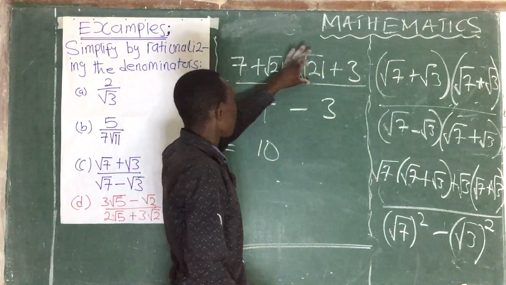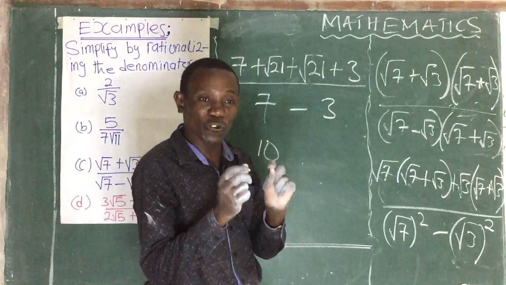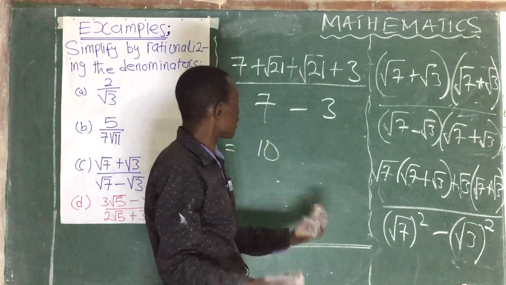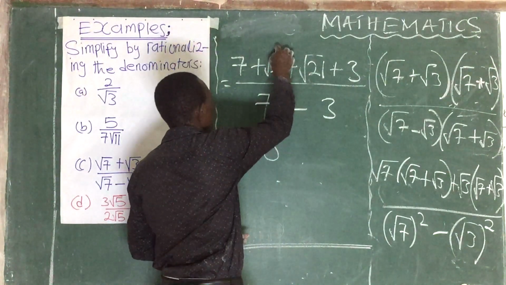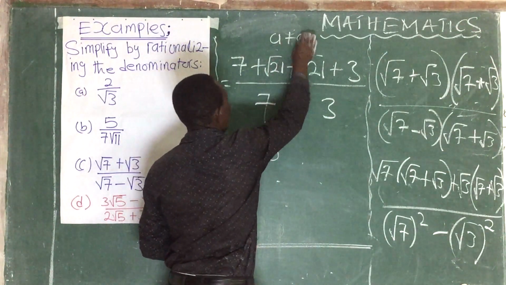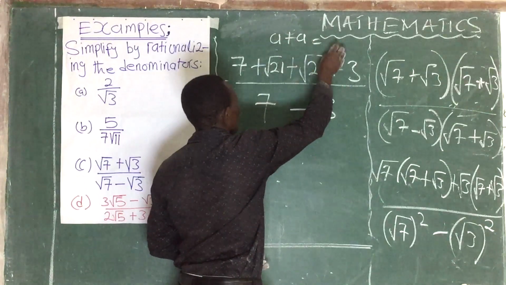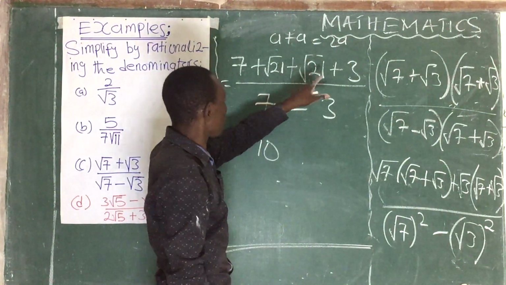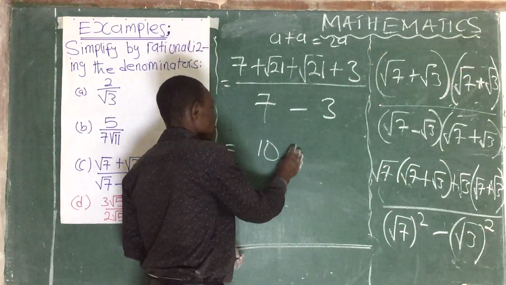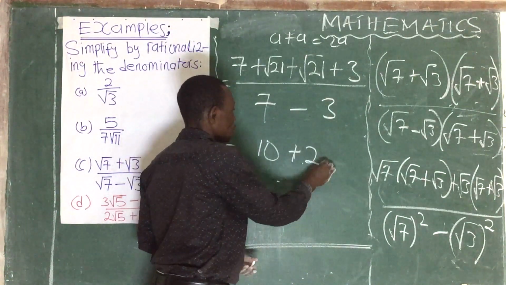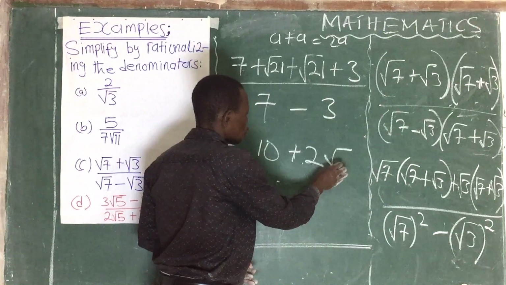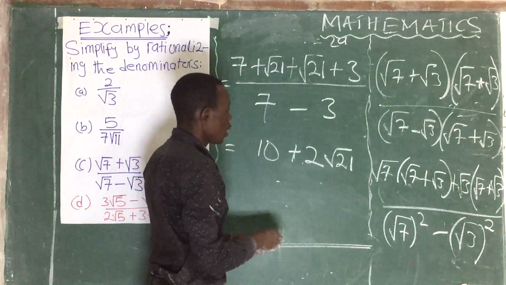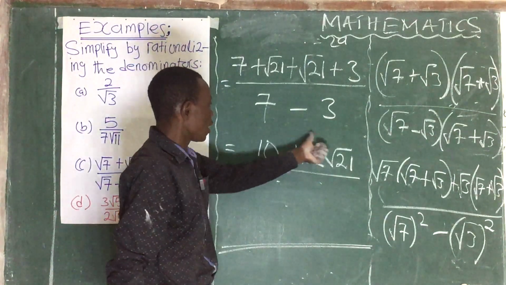It means the two are already in the form of the same irrational factor, so root 21 and root 21 are like terms. This is as good as having a plus a, which together gives 2a. The same way, root 21 plus root 21, the answer should have a coefficient 2, so 2 root 21 as such.